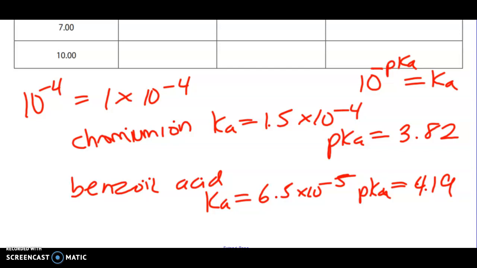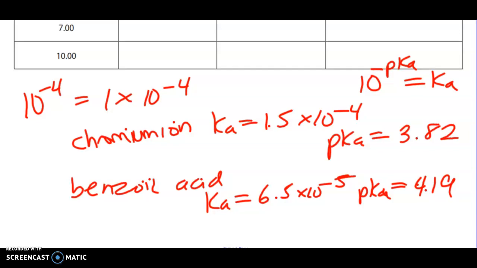It's not very different. Let me double check. Let me do the next level of significant digit here. I'm curious. So this is 4.187. Let's get even more specific to see which one is the winner. And this is 3.824.